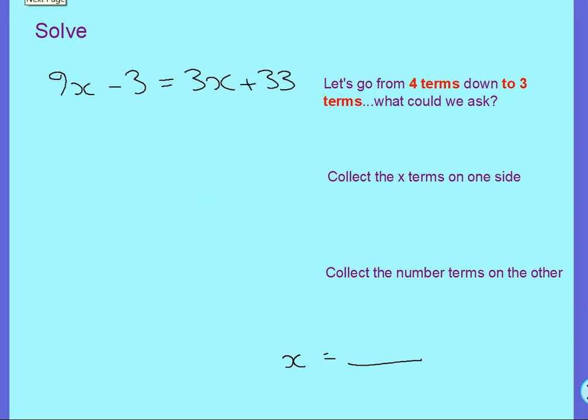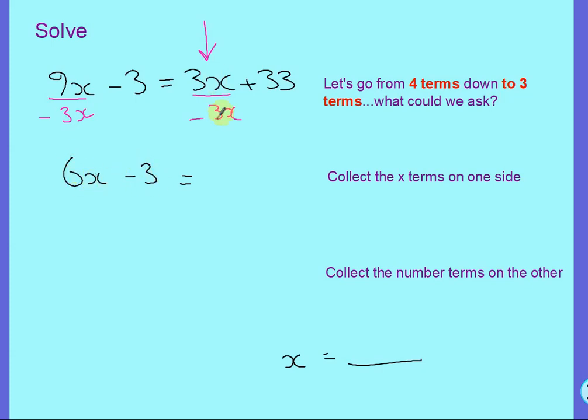Okay, let's have a look at another one. These are always the same, and I'm going to make it a little bit harder in a minute. Right, 4 terms to 3 terms. And we must collect the x's on one side. So here are my x's. Again, this one is the least. So we've got 3x. Let's take it away from both sides. And I would have an equal sign, so left side and right side. 6x, take away 3.